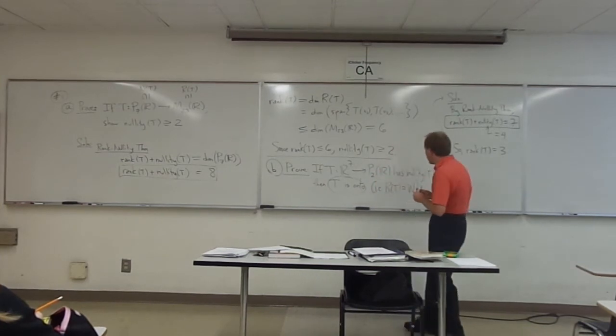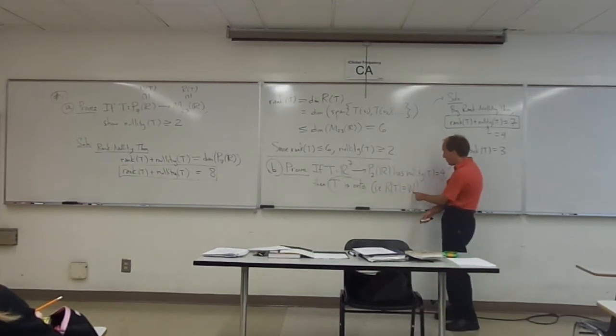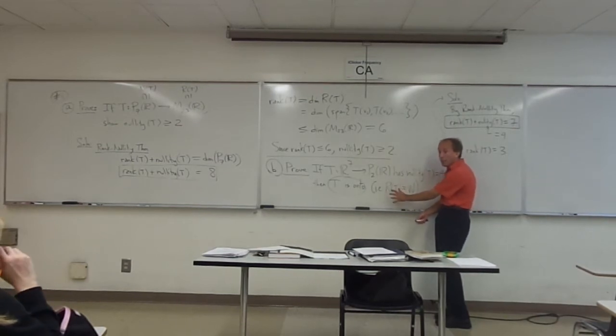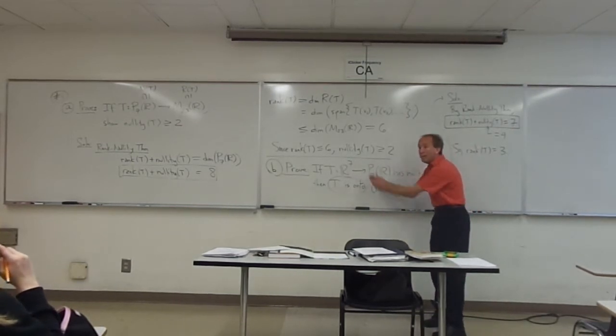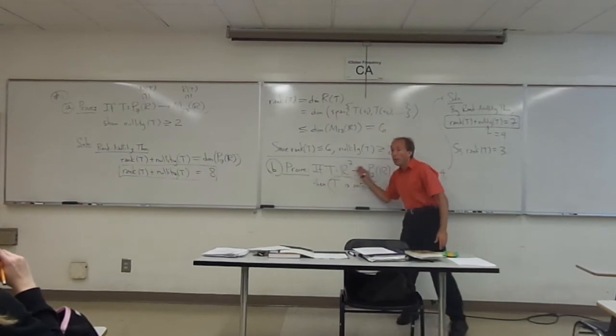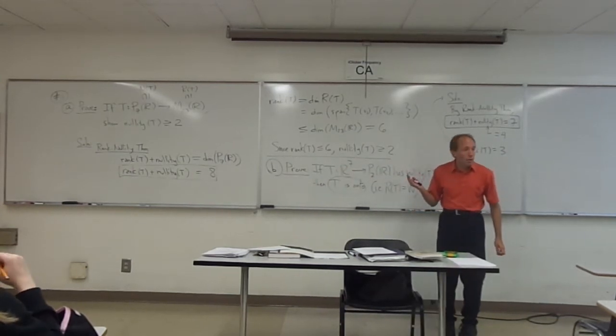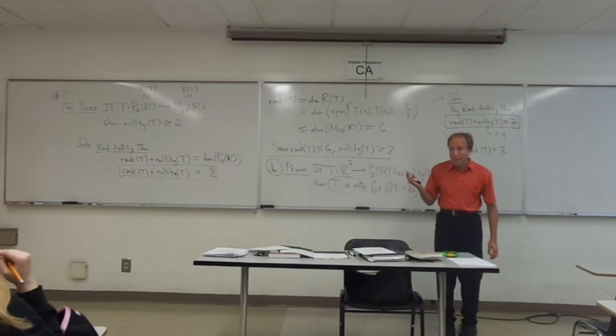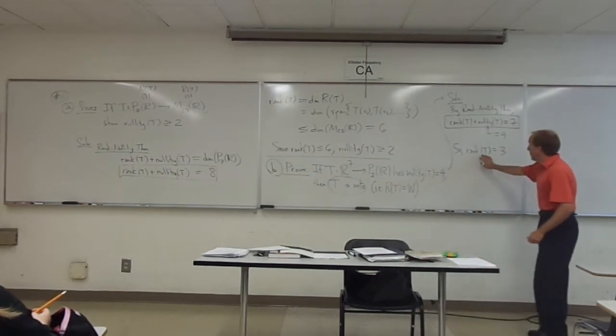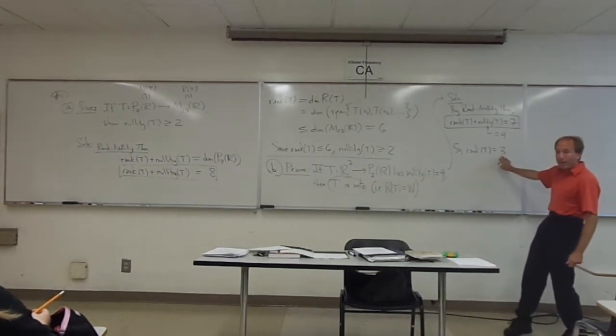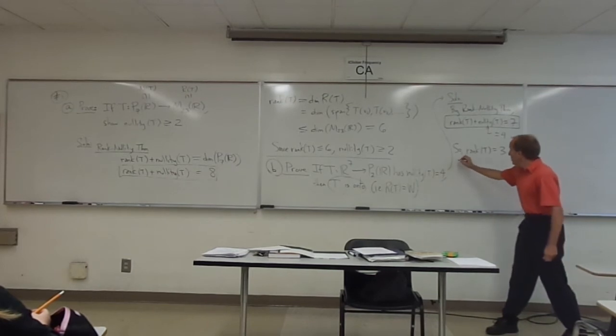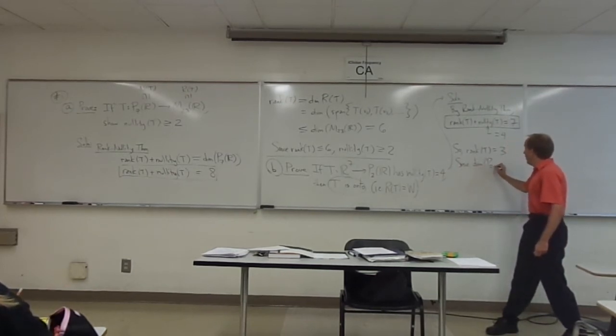Proving subsets both ways would be difficult here because you'd have to pick an element out of W and show that it equals T of something, but I don't even have a formula for capital T. So you wouldn't want to approach it that way. You really want to do it from a numbers perspective. What is the dimension of P2 of R? 3.